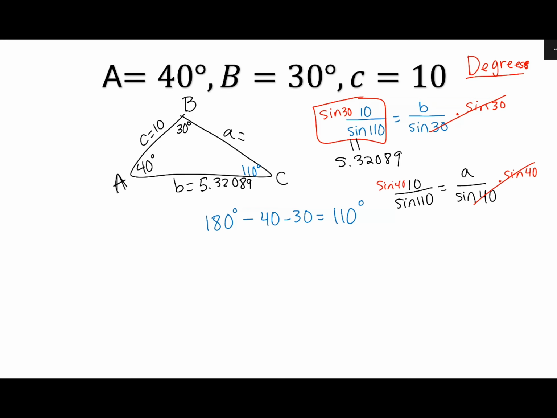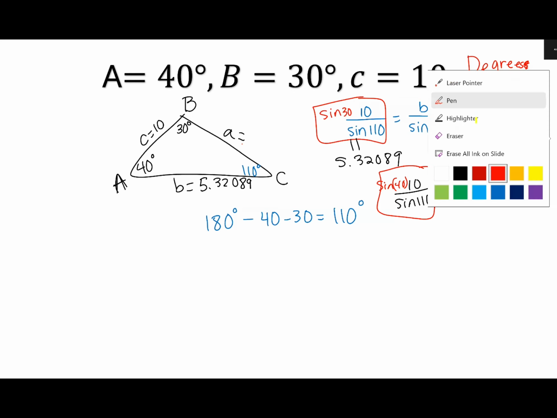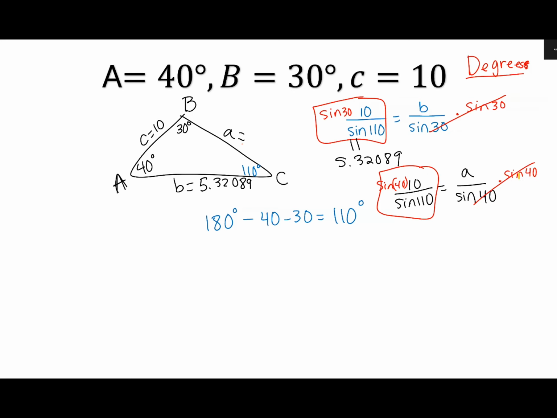Type this into your calculator and you'll get what side A is equal to. So guys, this is an example of angle, side, angle. Those are the three details they gave you. Angle, side, angle works very well with law of sines.